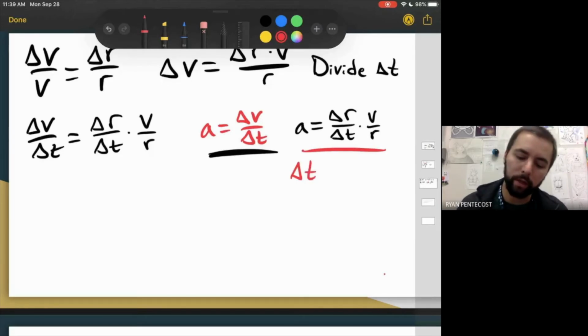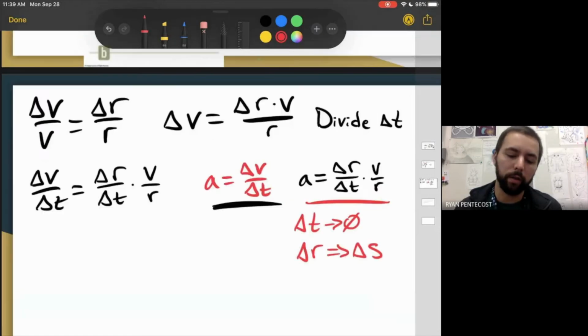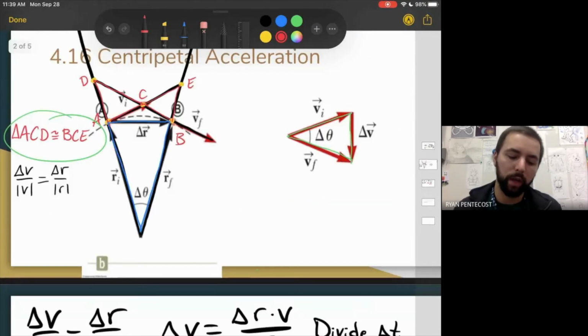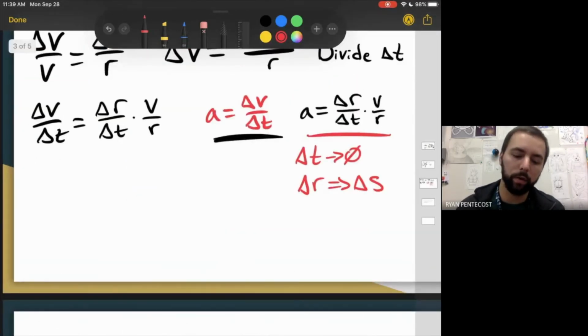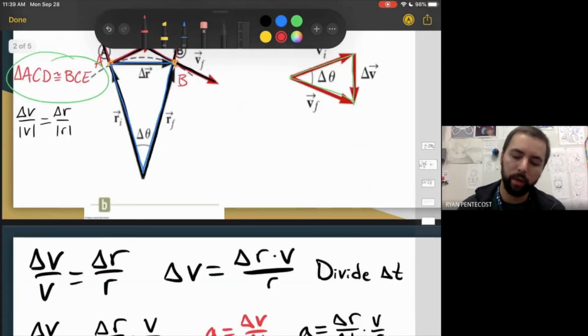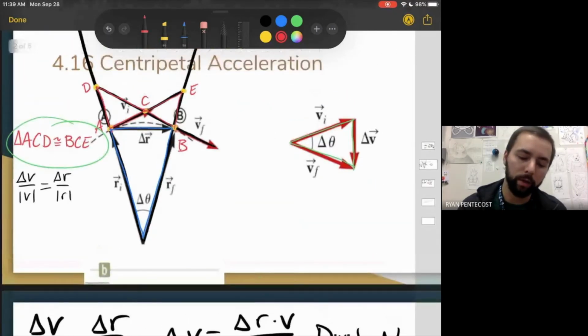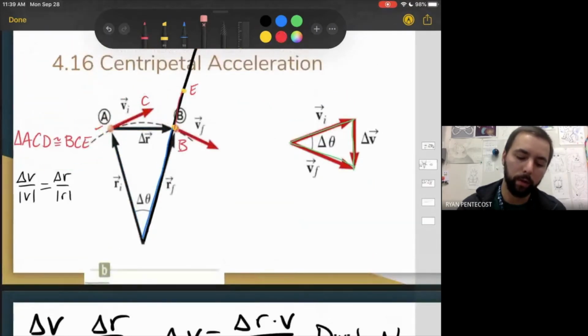We're going to say as delta T approaches 0, delta R becomes what would be delta S. So delta R is the change in radius. Delta S is the arc length, right? So if we look at this, I'm going to erase all of this so that you guys can see what I'm actually talking about here.